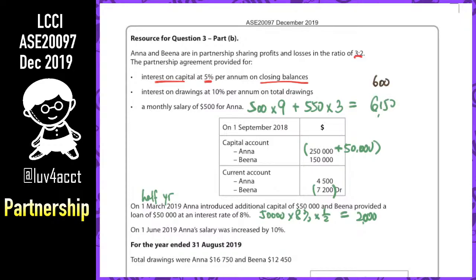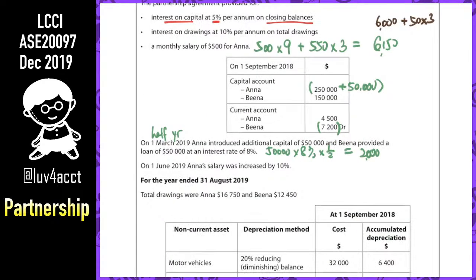Just now I say 6,000 will be for 1 year, but then for the last 3 months there is an increase of 10%. The increase is $50, multiplied by 3 months. So that will give you the same amount. So for the year ended 31st August, that is the year end, the total drawings being this much.